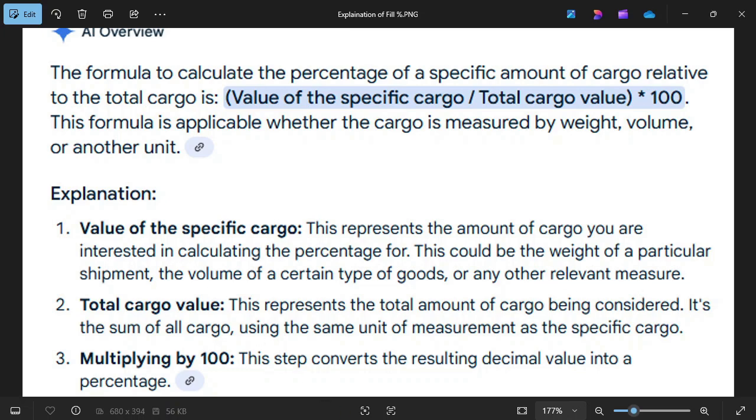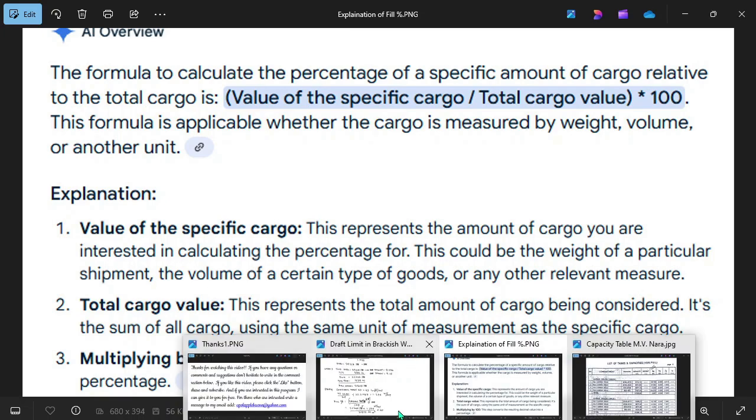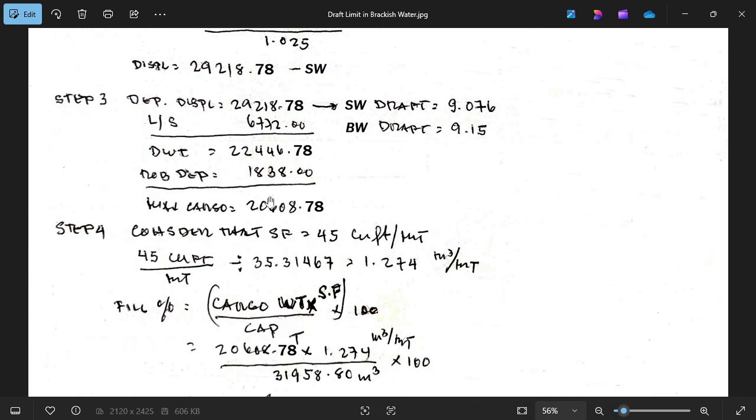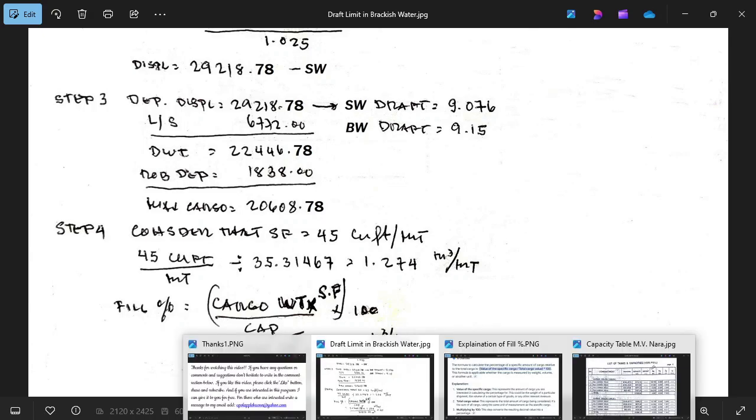So this is your value of specific cargo, 20608.78, because we want to know how much percentage we get if we load this amount in the vessel. So what is this percentage? That is what it meant.